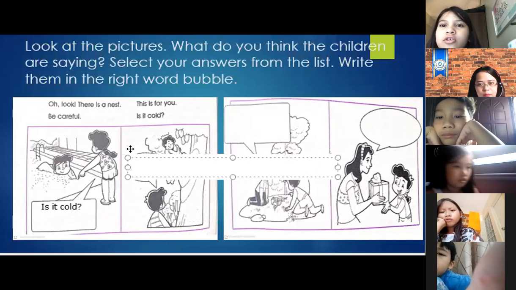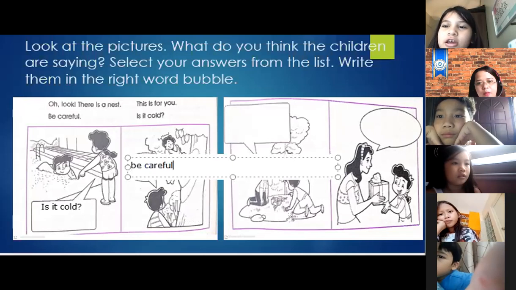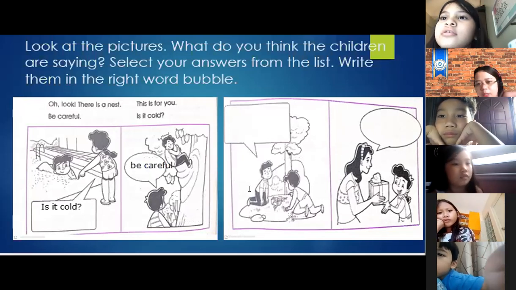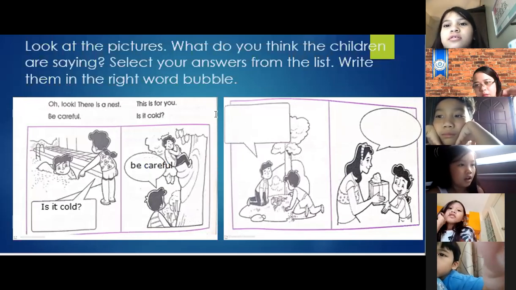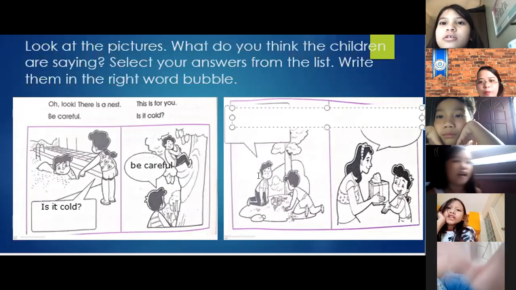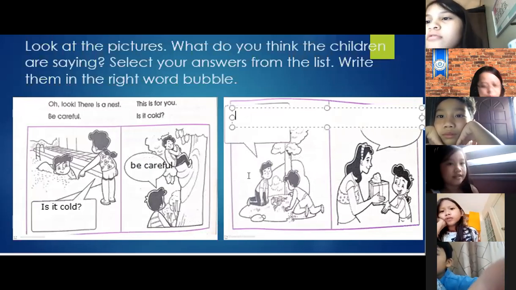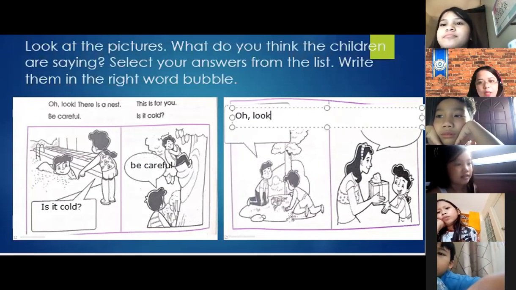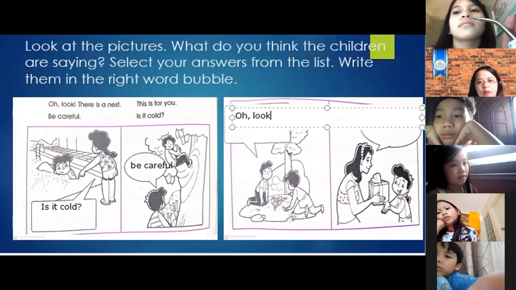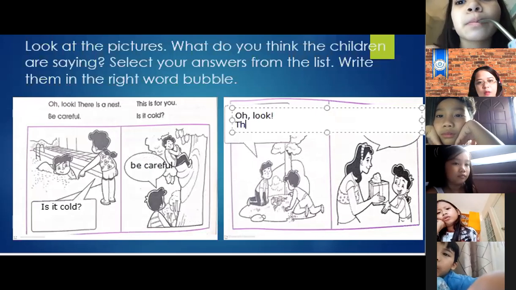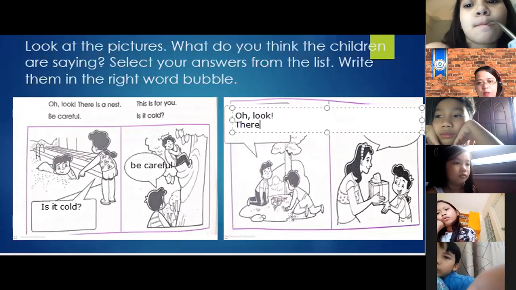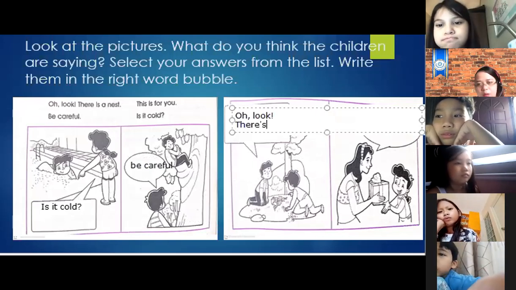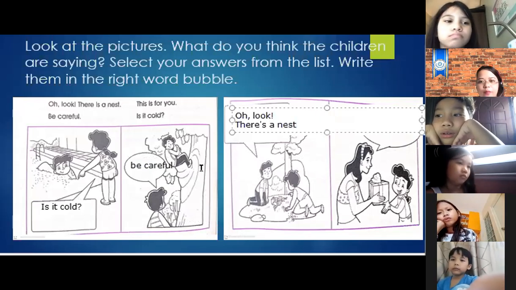And the next one is, oh, look, there is a nest. What should we write in the bubble? Oh, look, there's a nest.